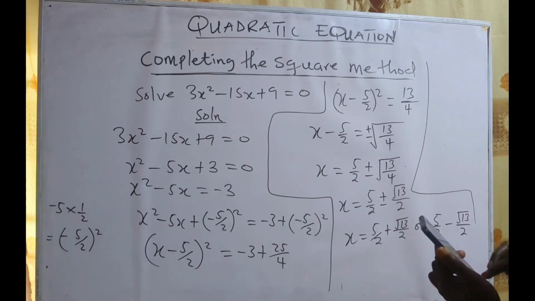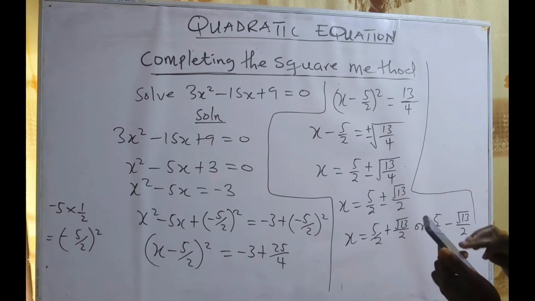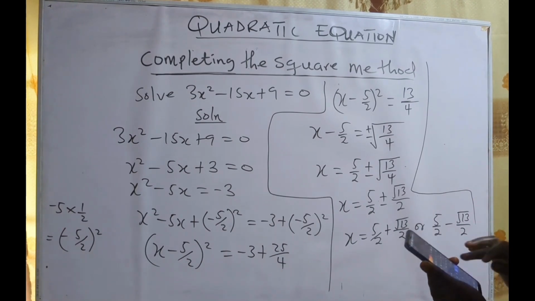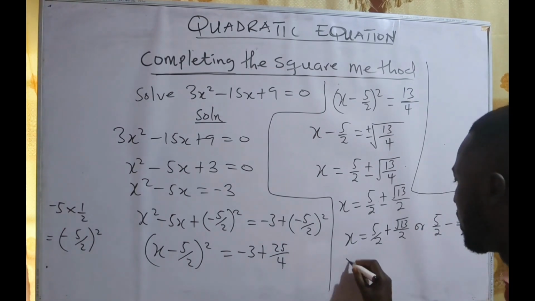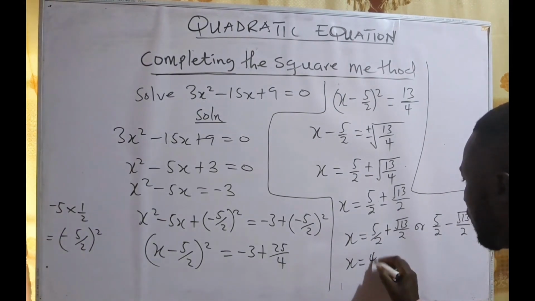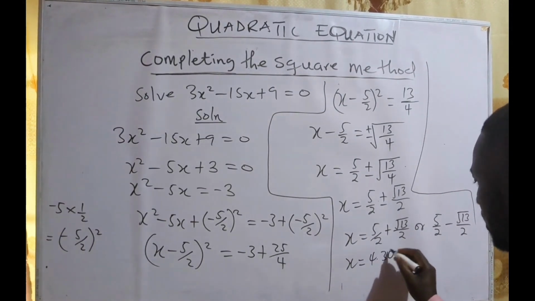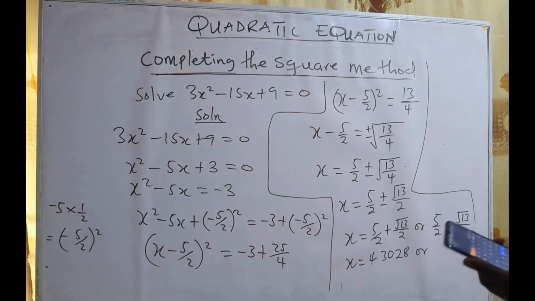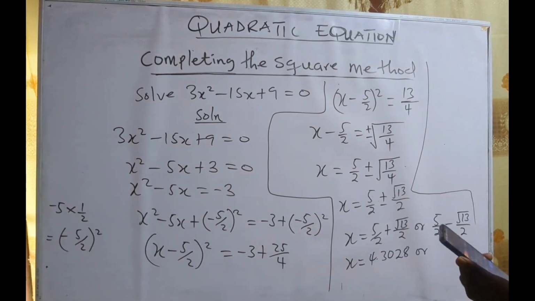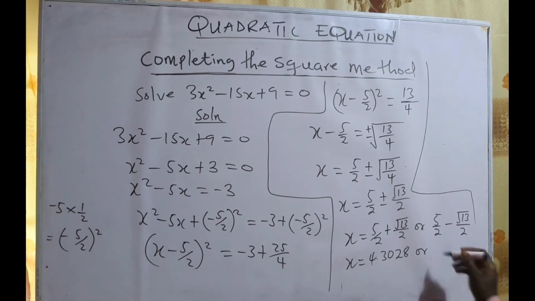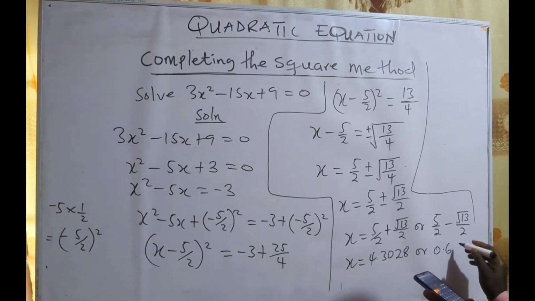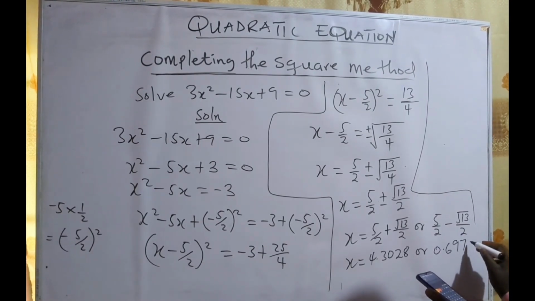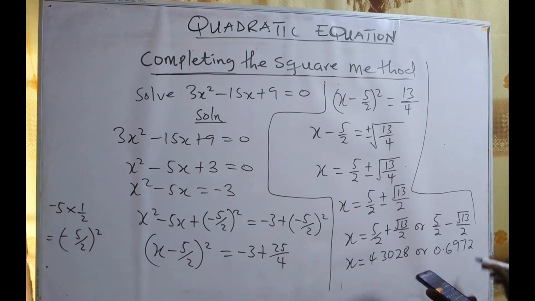So 5 divided by 2 plus root 13 on 2 will give us x to be equal to 4.3028, or 5 on 2 minus root 13 on 2 gives us 0.6972.